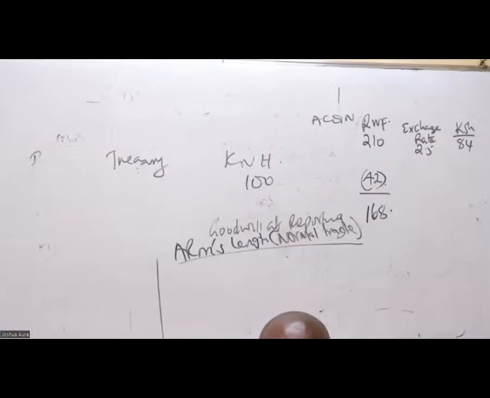So that if, for example, the parent has 75%, then NCI has 25%.